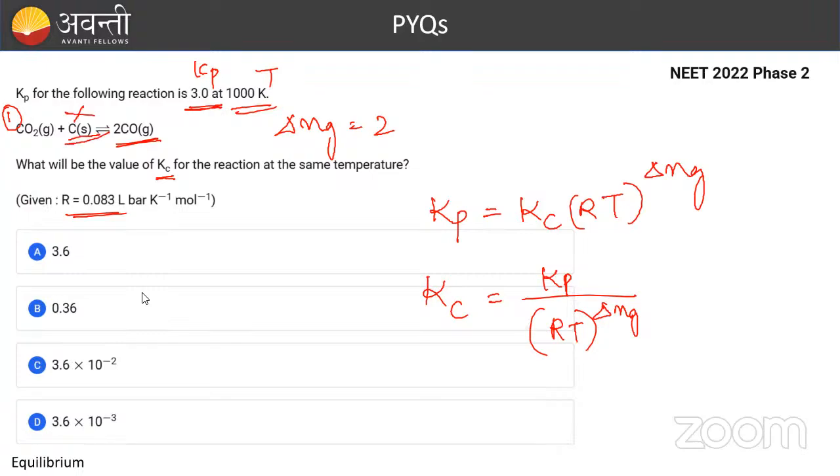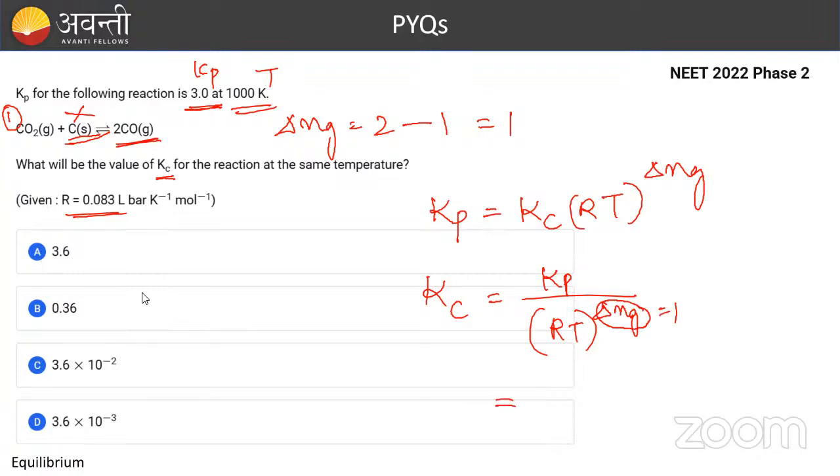You should not consider the solid. You should consider only the gaseous molecule. Okay. So we take the value as 1, which is for carbon dioxide. So 2 minus 1 is 1. So delta Ng value is equal to 1.